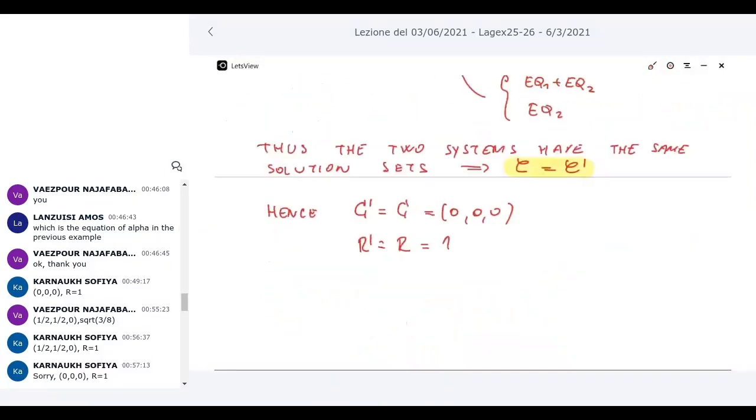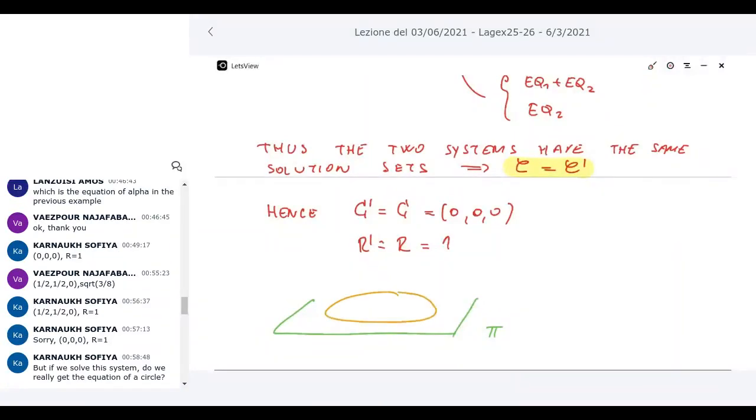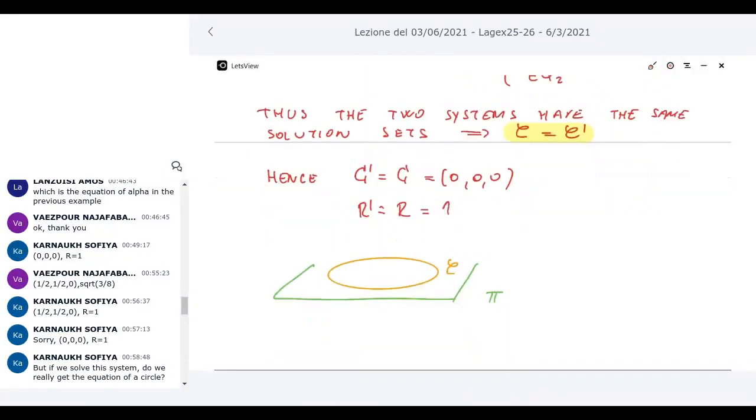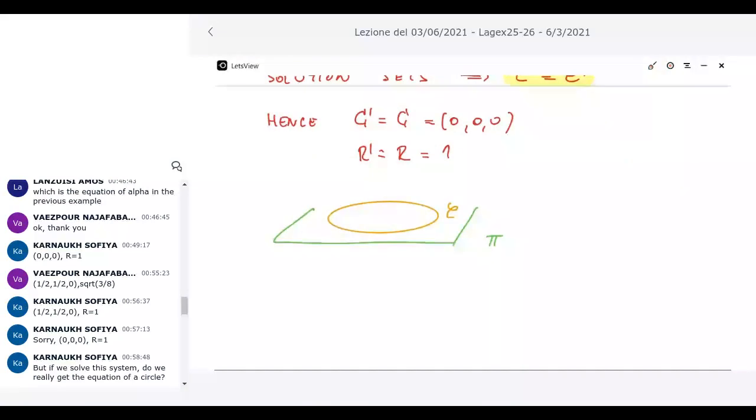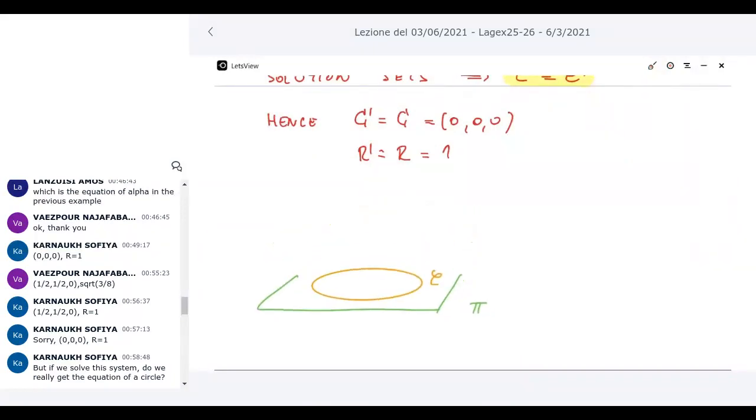Graphically, this is not so difficult to see, because you can proceed in this way. So you have the same green plane, which is pi. Then you have a circle here, which is, say, circle C, which you obtain by intersecting with, say, the sphere of the blue system, which is something like this.